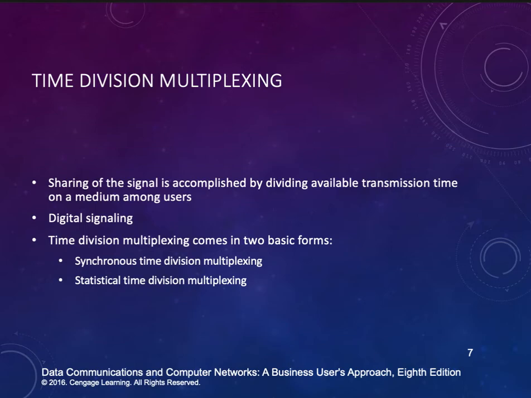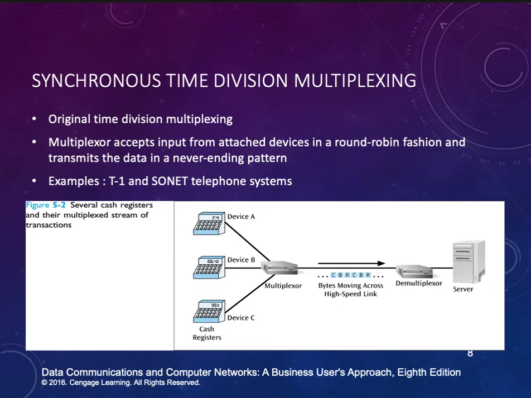Let's take a look at the first one. In the diagram here, we have devices A to C, where, for example, the cash register is trying to communicate with the server, and it works like a round robin. It will loop from device A, B to C and back to A again.